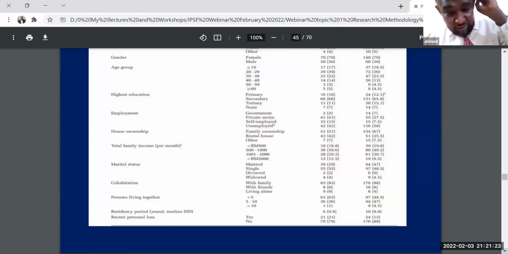So there will be some problem, or we will be afraid of non-response bias. We compared, and fortunately, there was no significant difference between characteristics of respondents and non-respondents.